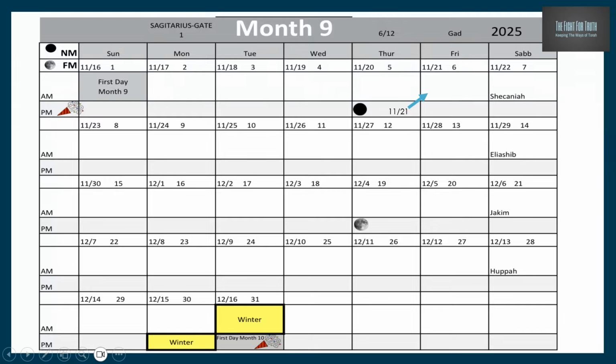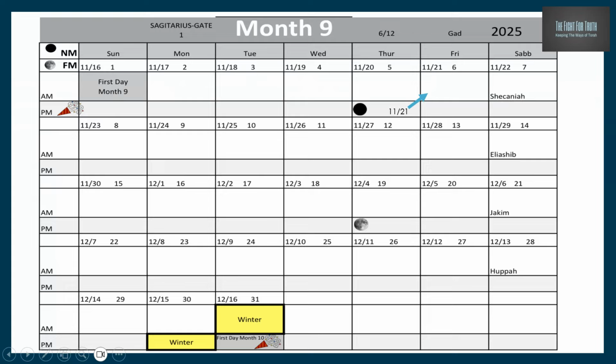The next new moon will be on December 19th, and it's going into Capricorn. So Capricorn is the zodiac for the 10th month. So by the time we get to December 19th, we should be in our 10th month.